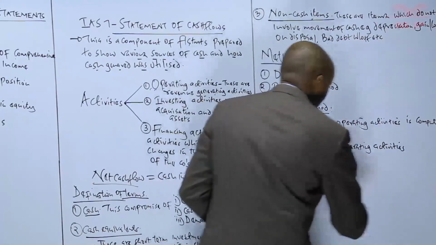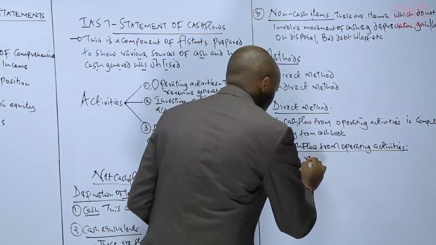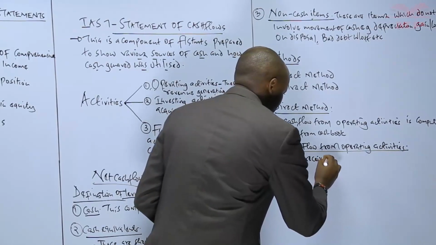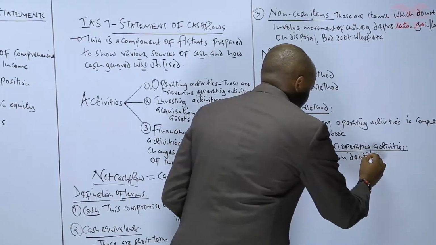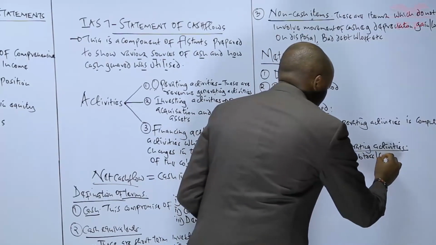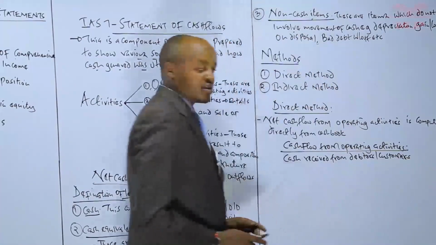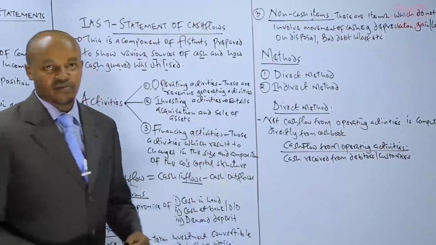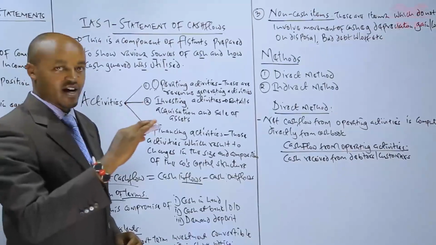we compute this first of all by taking the cash which was received from debtors, stroke customers. What you need to note is that if we have money which is received from debtors or customers of a business, that entails inflow of cash.